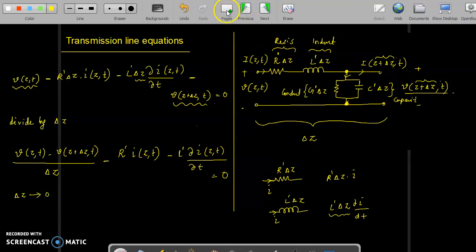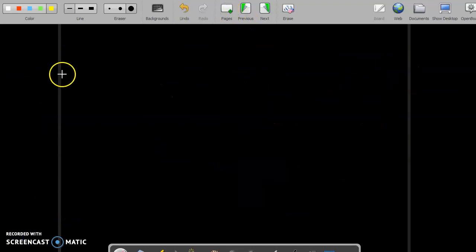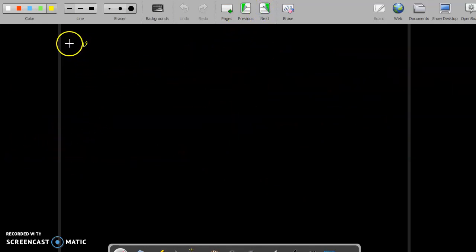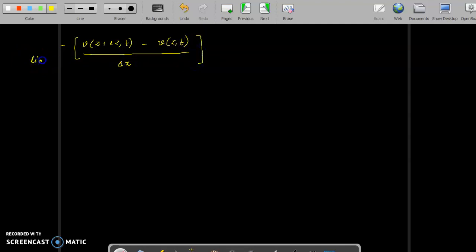Here, I am going to take this term to the other side, with a minus sign: V of Z plus delta Z comma T minus V of Z comma T, upon delta Z. Then I apply the limit where delta Z tends to 0.